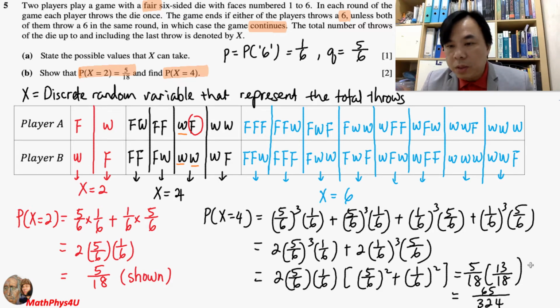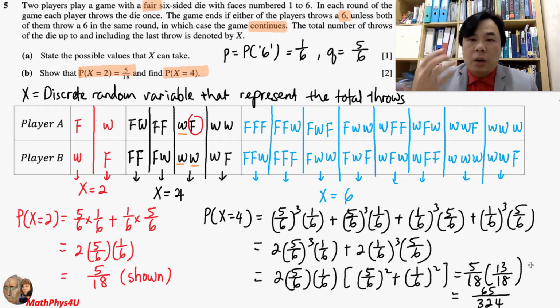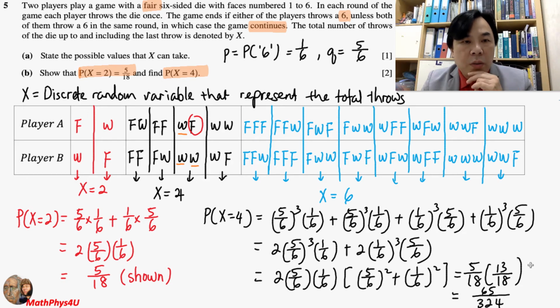So it should be 65 over 324 there. Alright, so I'm going to pause here for a while. You can do your calculation and then you can check back with this. Once you're satisfied with this, I'm going to show you the next 2 sections, which is the subsections of C and D. Alright, stay tuned.